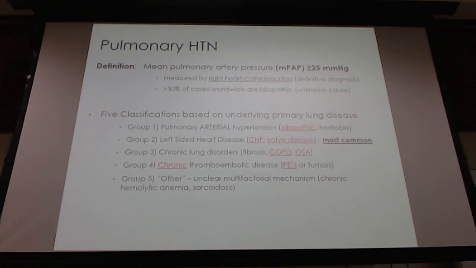Number 3 is someone has a coexisting chronic lung disorder, right? So where the blood or the circulation's off. Sleep apnea, COPD. So keep those in mind when you're counseling your patients on the importance of quitting smoking or using their CPAP, because pulmonary hypertension is about as bad as heart failure.